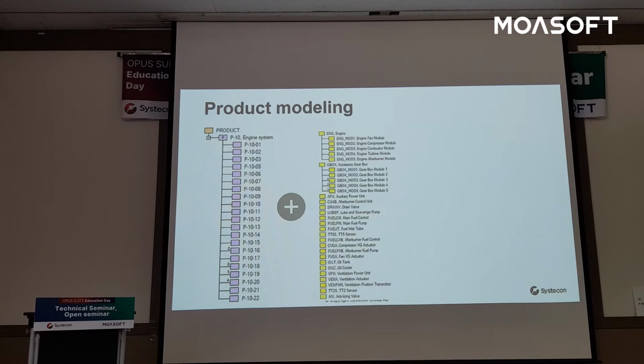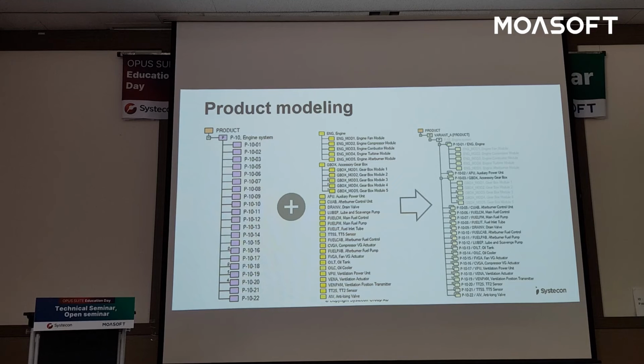The colors mean that the yellow ones are items, and the purple ones are the breakdown elements. And what we do is that we sum these two. So we say that each of those physical yellow items is realized somewhere within our engine system, within the product. And then we get that combination, this picture on the right here, which shows us which item is installed where in the product.